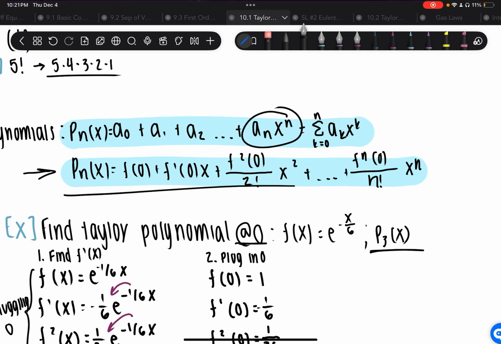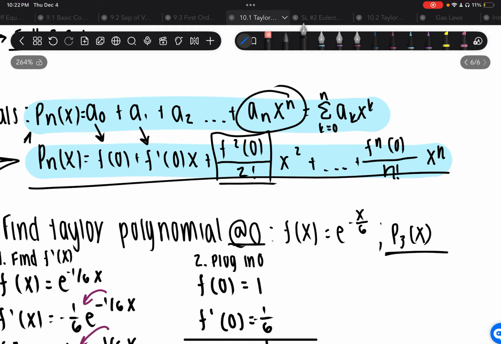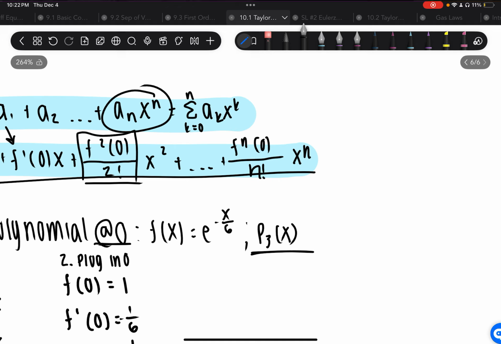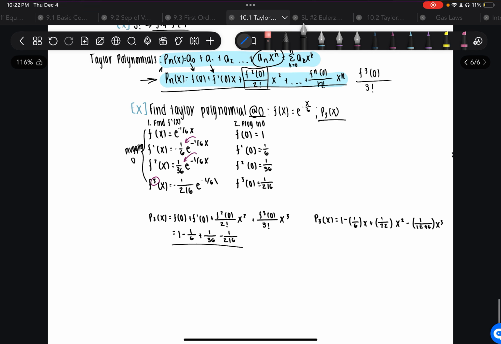So for this equation, those values are from this equation up here. So our f of 0 is just a of 0, f prime of 0 is just our a1, but then for a2, we need to do a bit of math here, which is f2 of 0 over 2 factorial. And then if we were to get our a3, that would be f3 of 0 over 3 factorial, and so on.